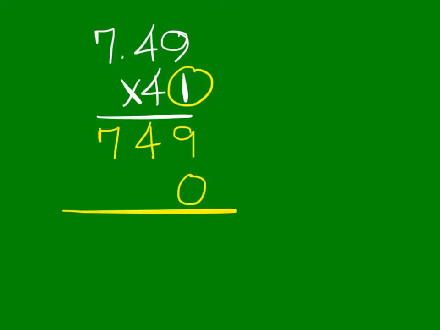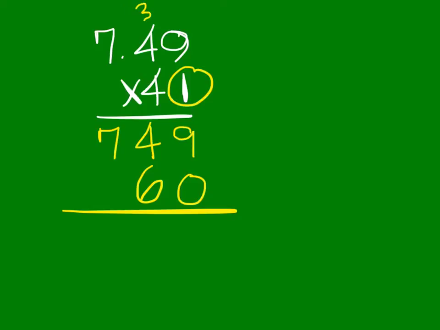Now what do I multiply first? What's 4 times 9? Yep, 36. So what number do I write? And where do I write it? Under the 4. I write a 6 under the 4. What happens to the 3 from the 36? Yeah, it goes above the 4.